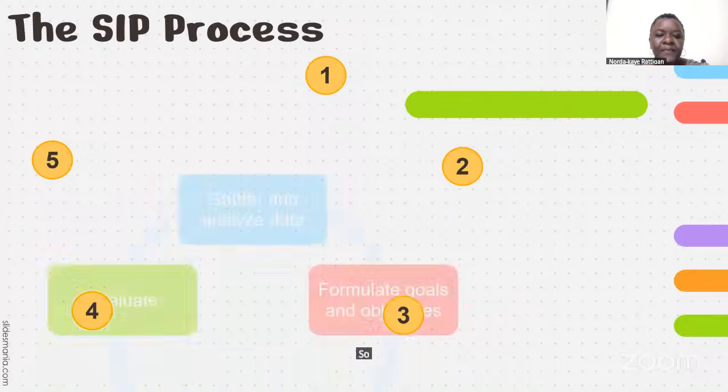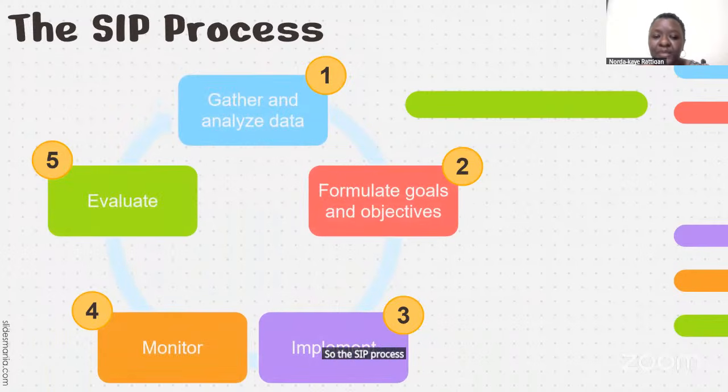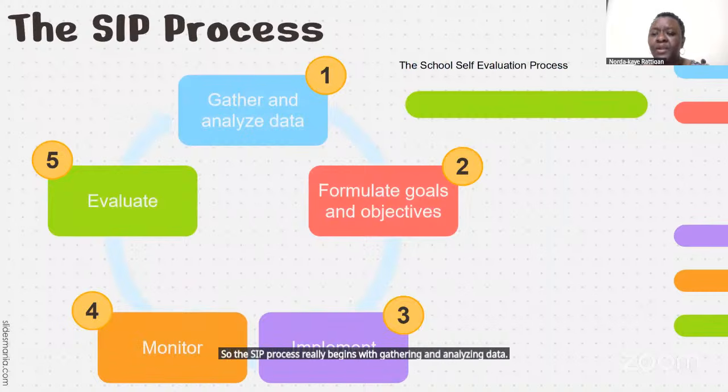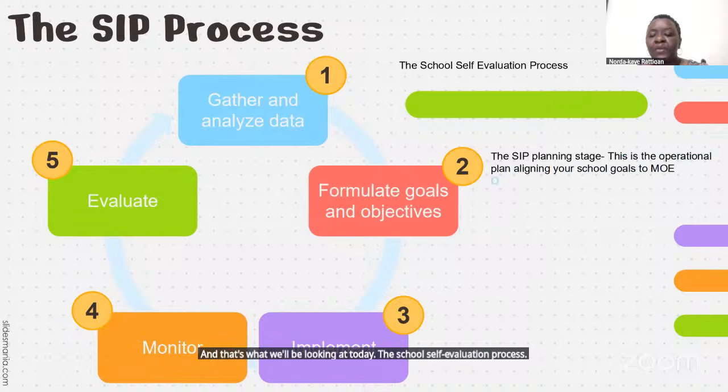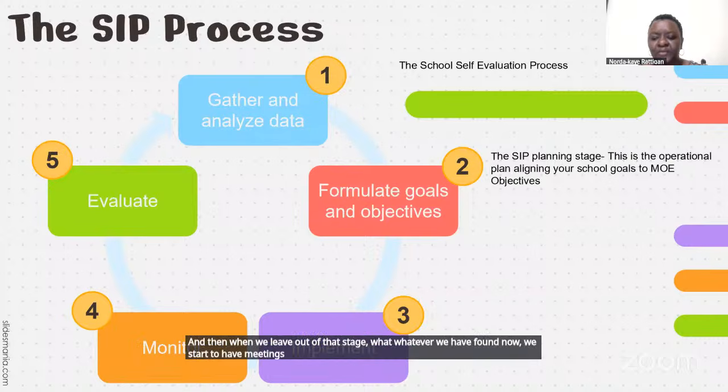The SIP process really begins with gathering and analyzing data, and that's what we'll be looking at today, the school self-evaluation process. When we leave that stage, whatever we have found, we start to have meetings and look at this data and say, okay, we're starting to make plans.